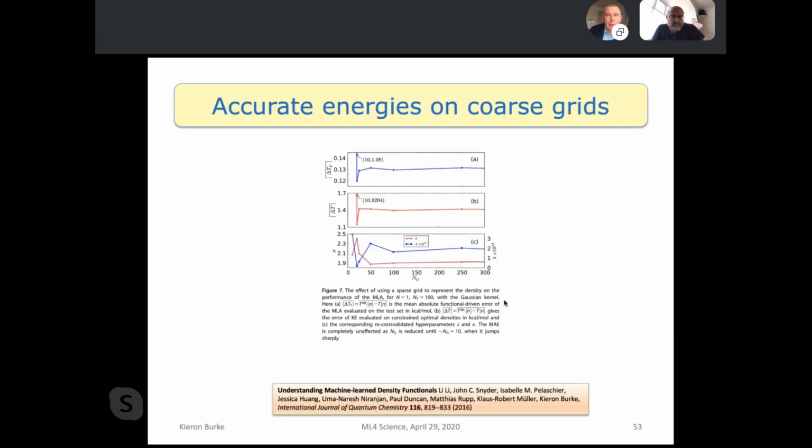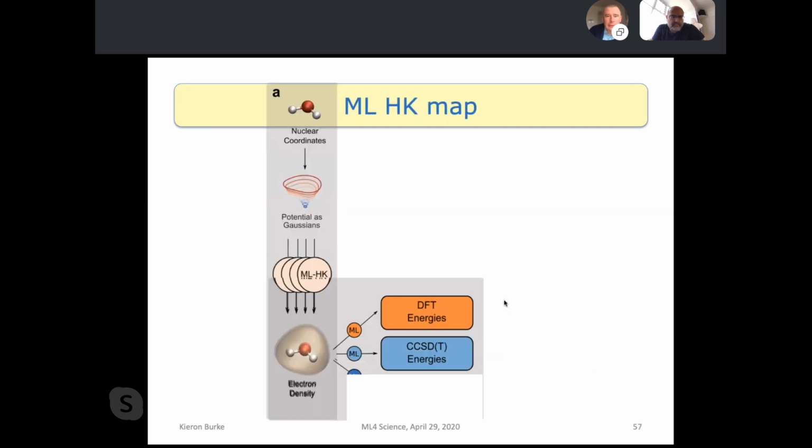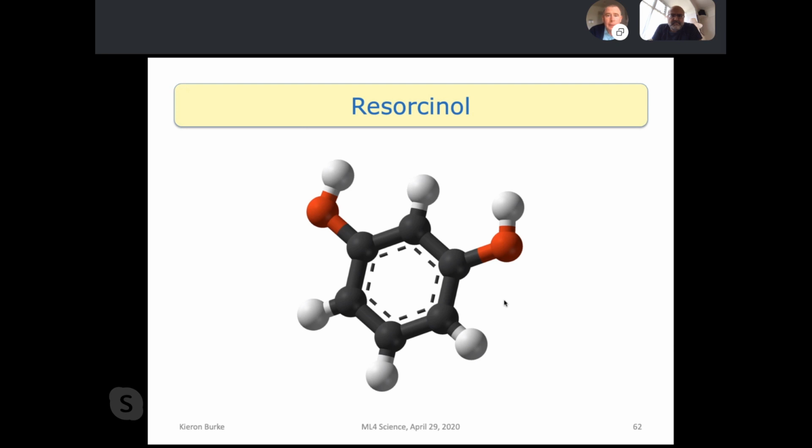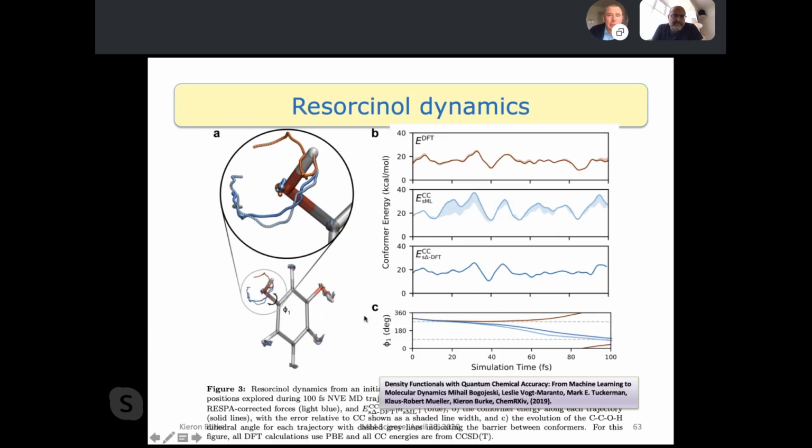And I'm not going to go through it all, except I want to show you, I don't have a movie yet. We've got to make a movie. But this is just an example. There are 2 different machine learned simulations, one not based on the coupled cluster, one is, I think, PBE, and it's the rotation of the OH in resorcinol, and what you see is in one case it gets over the barrier, and in the other case it doesn't.